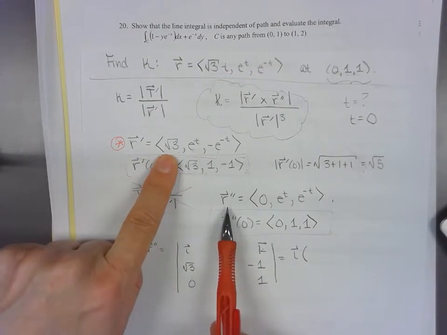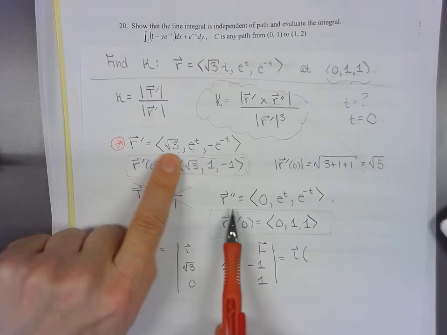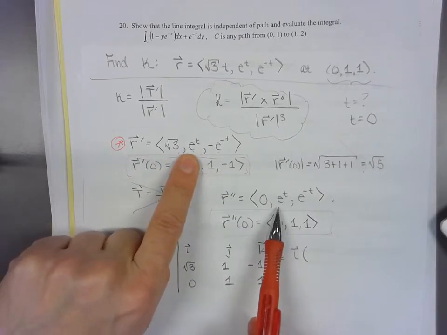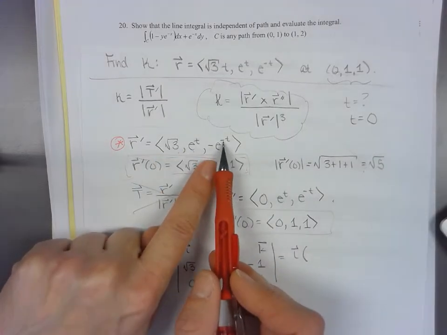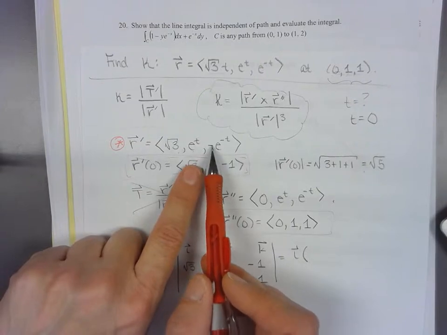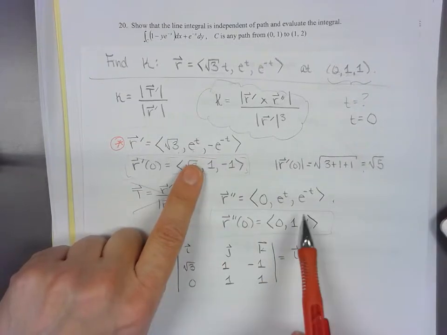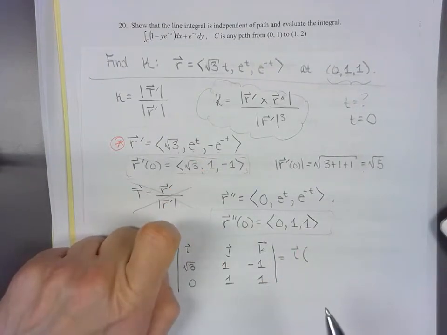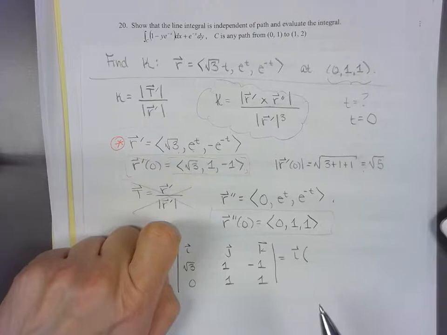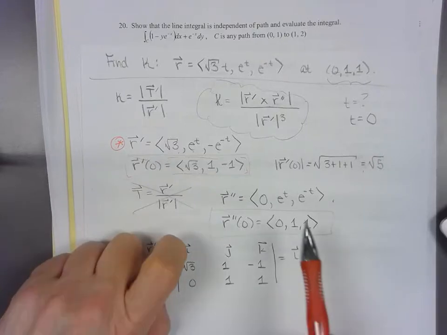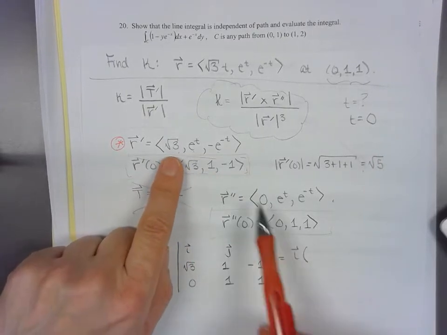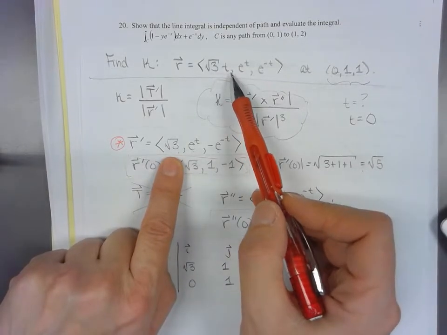So the derivative of a constant is 0, and then the derivative of e to the t is e to the t. And then here when we take the derivative, we're going to get another negative, which makes that positive. And then e to the negative t. That's the first one plus t in there, so the first derivative we just have square root of 3, and then the other derivative is 0.